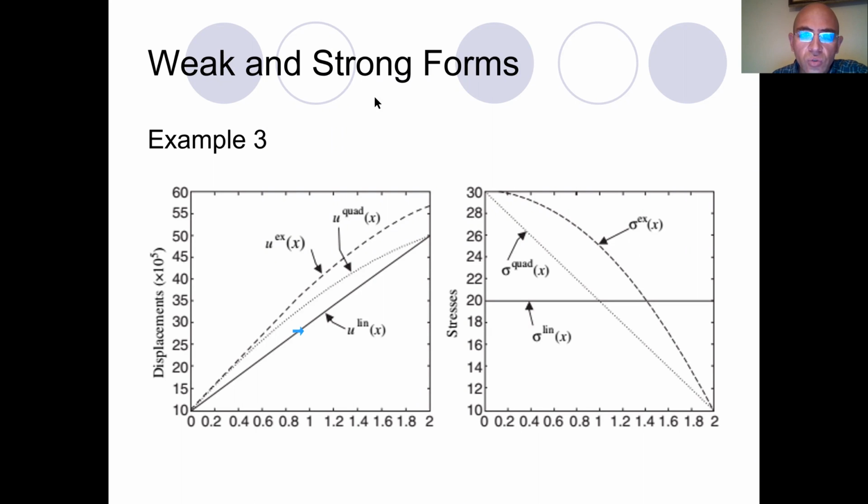Now if I use a quadratic trial solution, my approximated displacement is this one, whereas the exact value for the displacement is this. As you see, as I increase the order of the approximation trial solution, the difference between the exact solution and the approximated solution decreases.